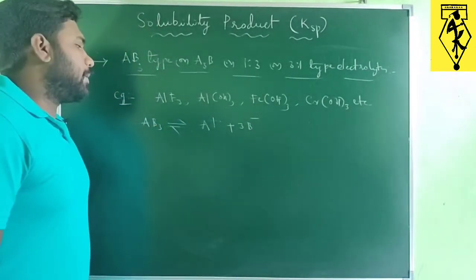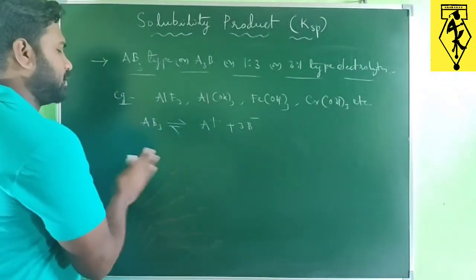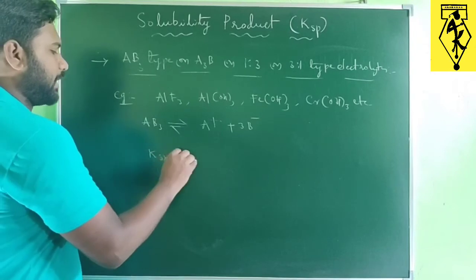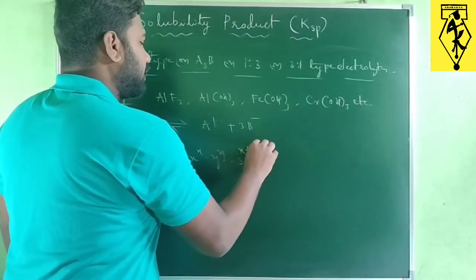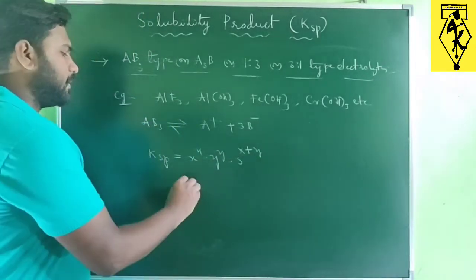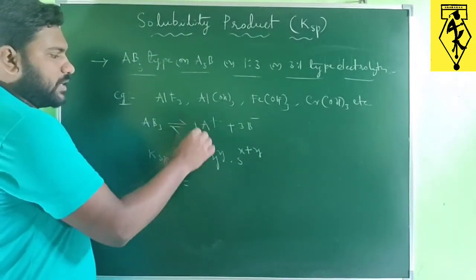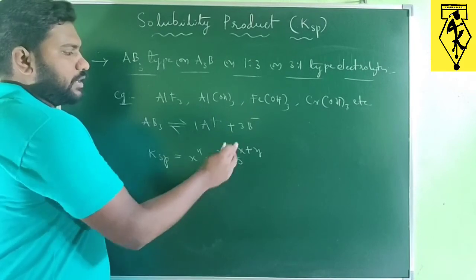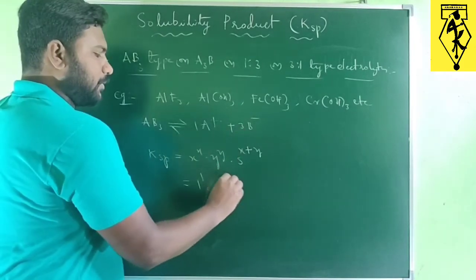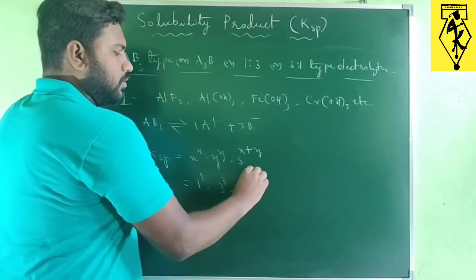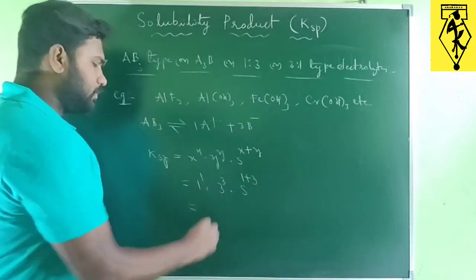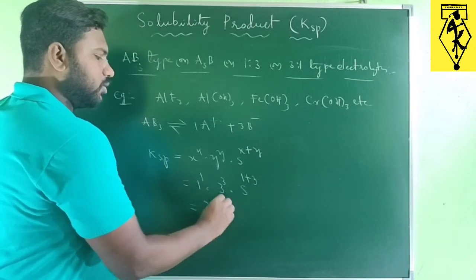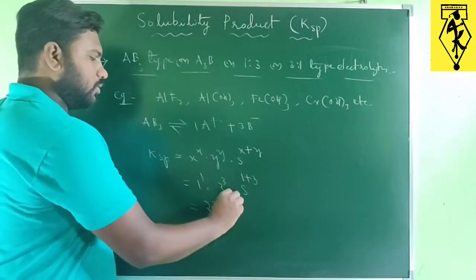By using the formula I am writing the KSP expression here. So what is the formula? KSP is equal to X power X, Y power Y, and S power X plus Y. What is the X value here? 1, so 1 power 1, and what is the Y value here? 3, so 3 power 3, and S power 1 plus 3. So that is equal to 27 into S power 4.